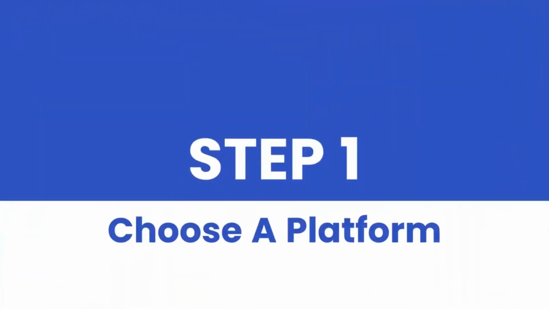Step number 1, choose a platform. Now, this is when it's important to know exactly what you're promoting and how to demonstrate it in a way that your prospects are going to want to see or find appealing. For example, if you are promoting something that's visual based, it doesn't make much sense to promote it on a platform that's predominantly text based, right?